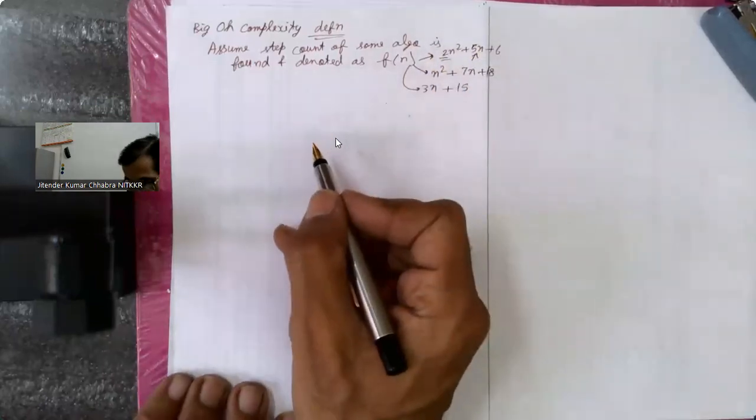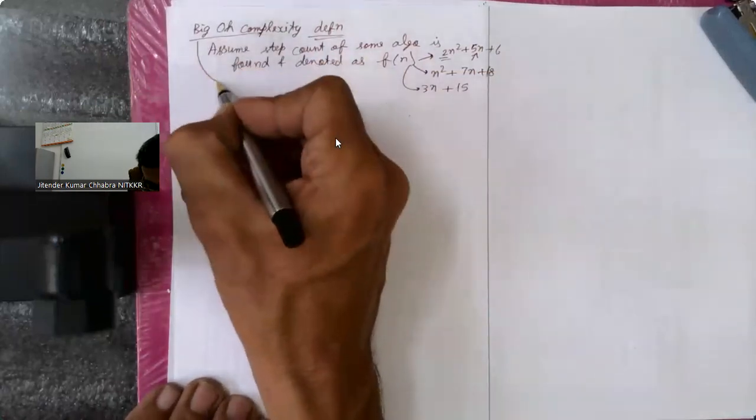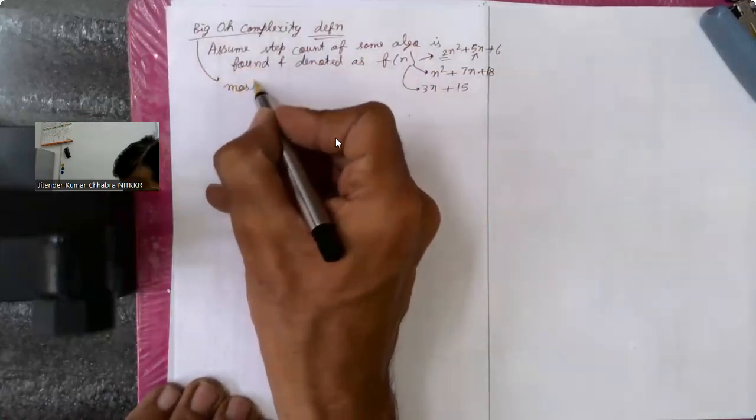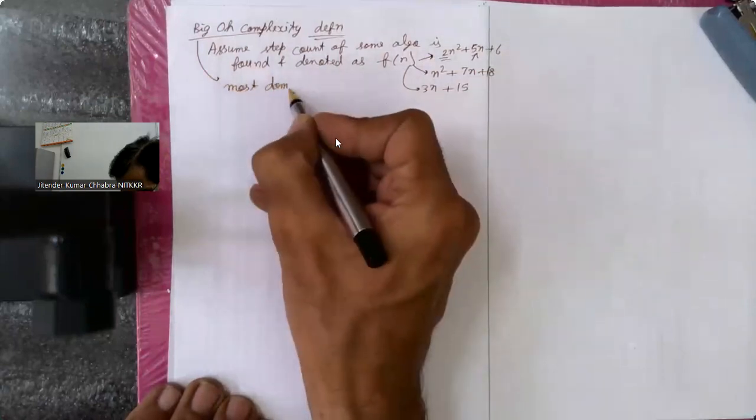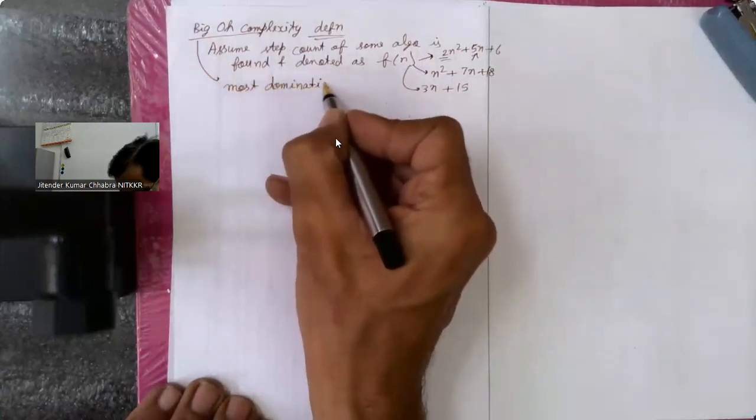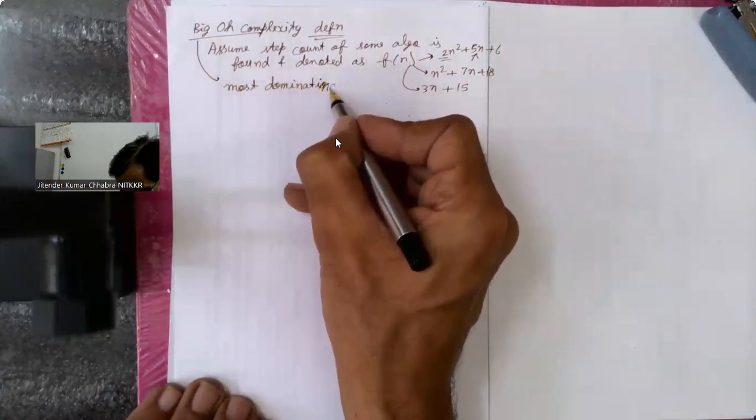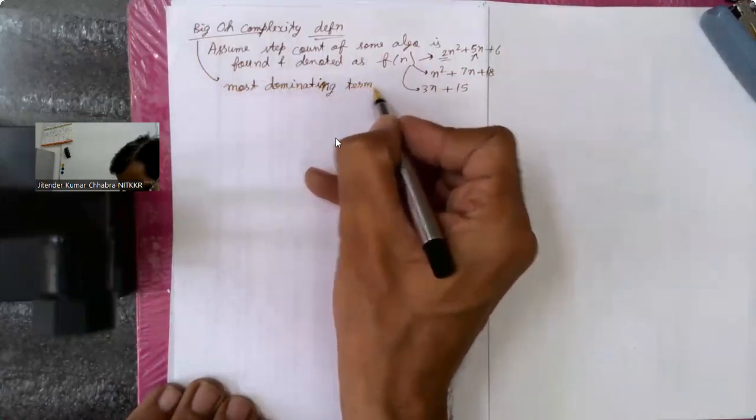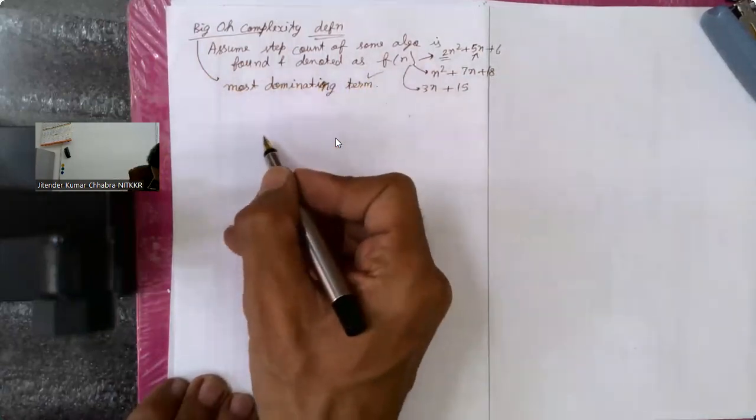Then effectively, big O complexity tries to find the most dominating term, and that is the asymptotic notation or approximation, the most dominating term to be found. And mathematically, how do we define it?